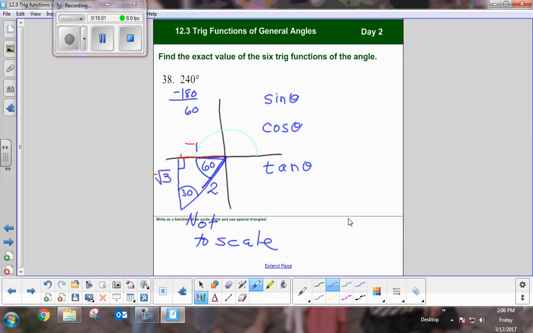Yes, Sierra. Great question. The hypotenuse is always positive, or the radius is always positive. So let's see, using your plus and minuses, you're using your positive and negatives. Zach, what is the sign of this? Sine is use SOHCAHTOA.